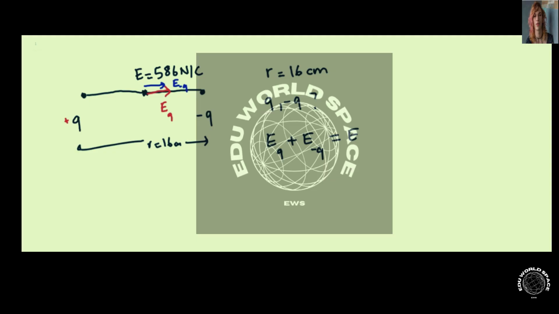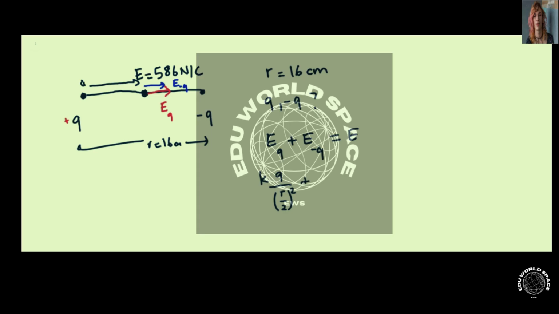So let's see what E_Q is, the magnitude. kQ over the distance from the charge to the point that we're interested in. That would not be R, but it would be R over 2, squared. This is an important point. We're not using the entire R. The equation only uses the electric field at this point generated by positive Q, so the distance is R over 2.